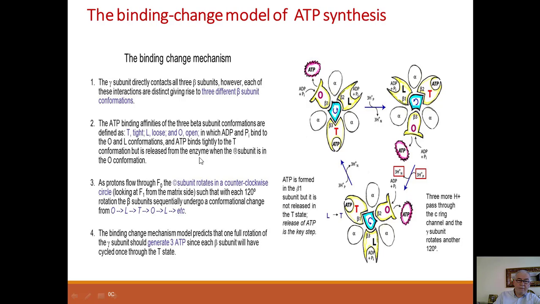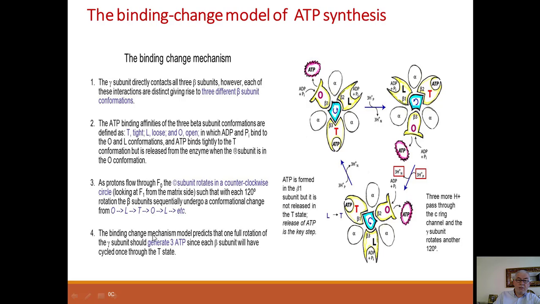After that, as the protons flow through the F0 subunit, the gamma subunit rotates in a counterclockwise circle, and with each 120-degree rotation, the beta subunits sequentially undergo a conformation change from O to L to T, and repeat this change.